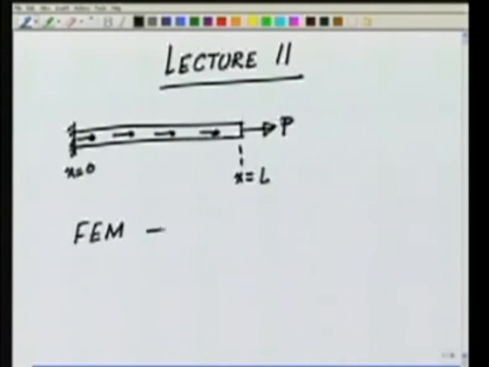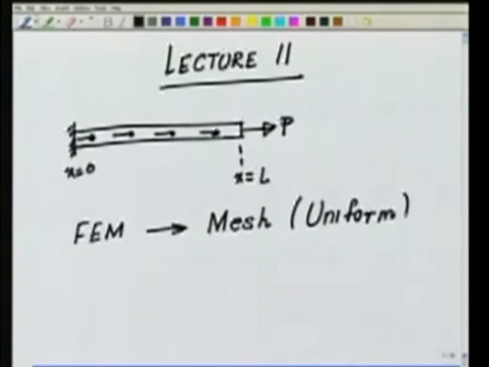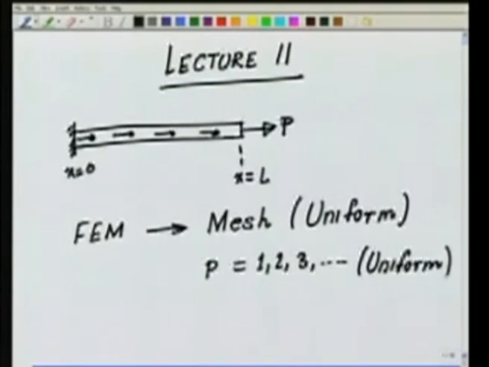where our approach was to make a mesh, and for this we had made a uniform mesh. And take approximations of order P. P could be 1, 2, 3, anything, and this was uniform approximation, that is, all elements had the same P order of approximation.